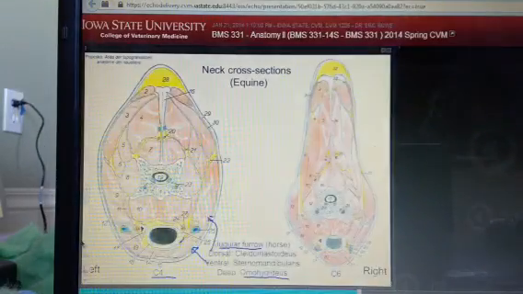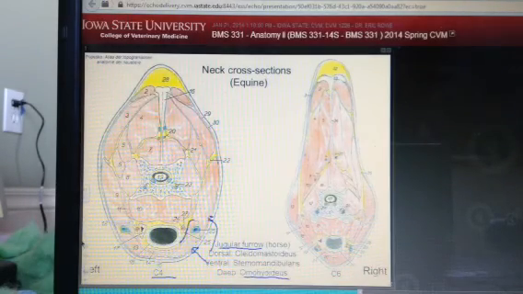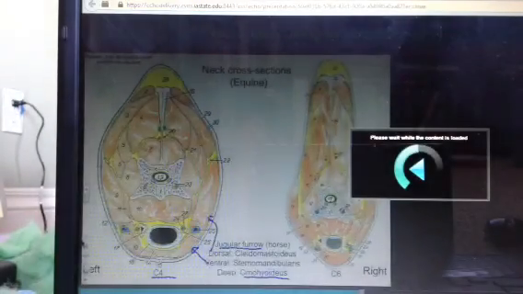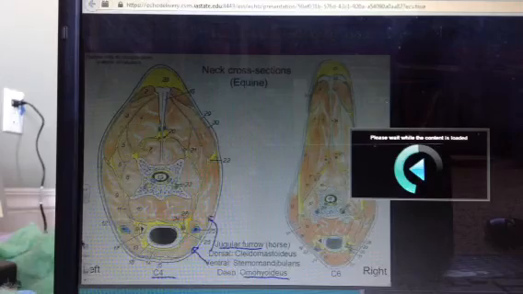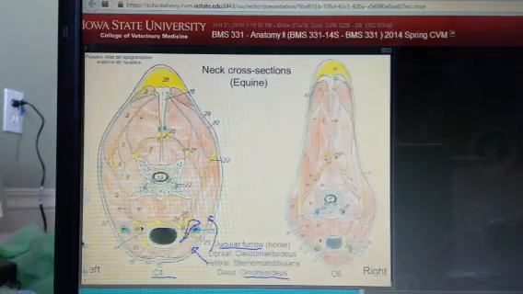And in the case of the horse, the omohyoideus muscle lives up to its name. It does start in the shoulder region, and it inserts on the basihyoid. The other thing is, in the horse, this omohyoideus muscle is much thicker than it is in the ruminant.